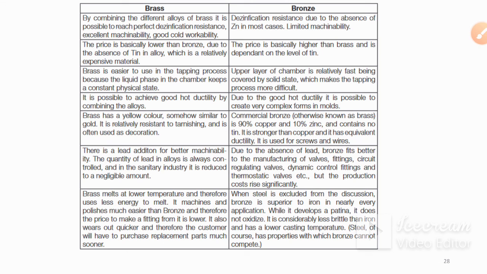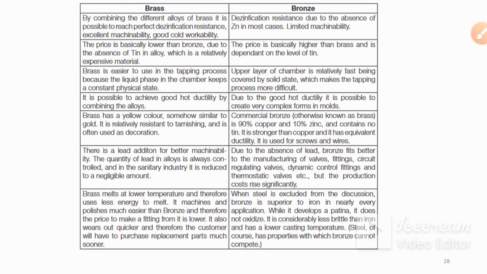Brasses have a lead addition for better machinability. The quantity of lead in the alloy is always controlled, and in sanitary industries it is reduced to a negligible amount. Due to the absence of lead, bronzes fit better to the manufacturing of valves, fittings, circuit regulating valves, dynamic control fittings, and thermostatic valves, but the production cost rises significantly.